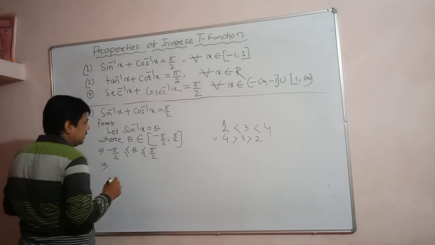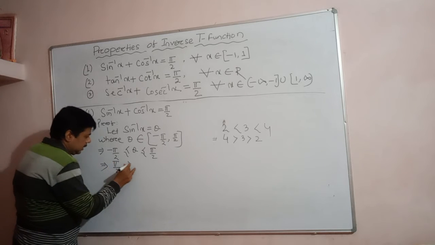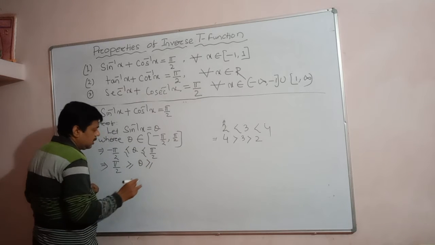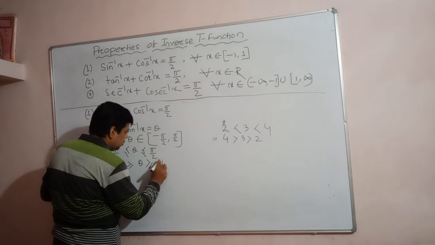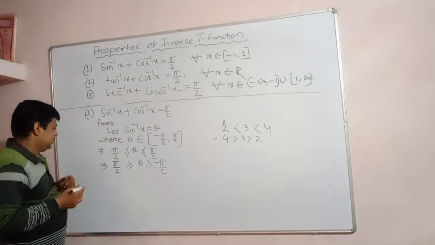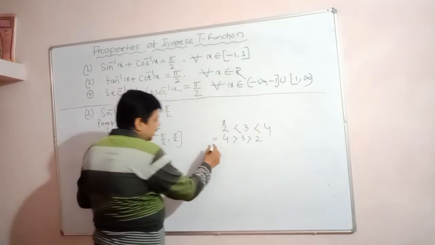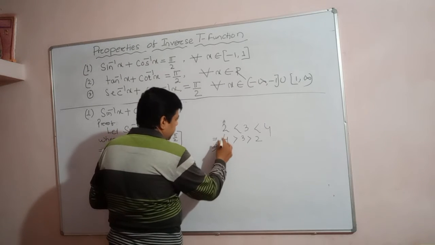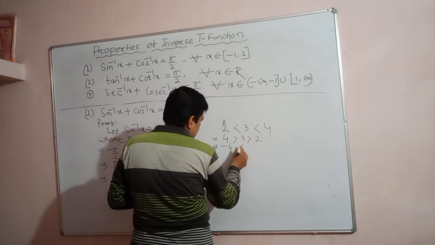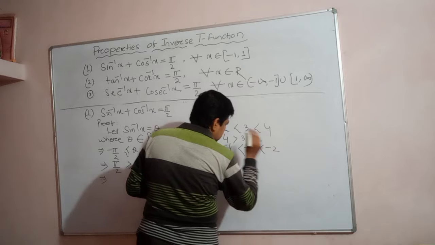Similar process I will write: pi by 2, just reversing the order, is greater than or equal to theta, which is greater than or equal to minus pi by 2. If you put a negative sign on the inequality, plus 4 becomes minus 4, this greater than will become less than, and minus 3 is less than minus 2.